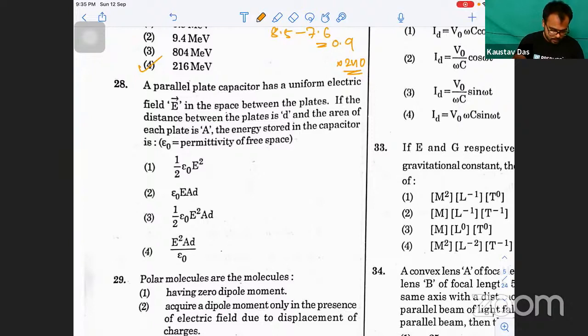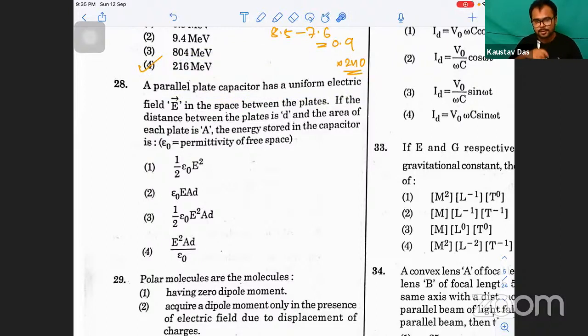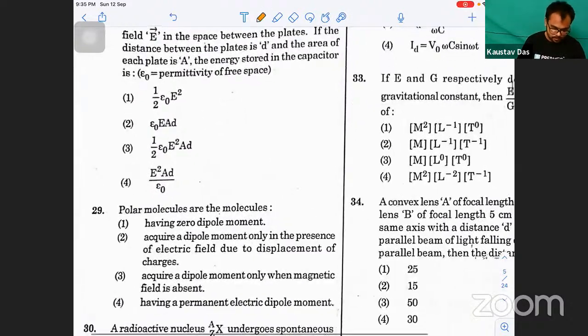Here we have the parallel plate capacitor. I have told you repeatedly in the golden hour class, even in our class, whenever we have discussed the same questions, you have to remember the magnetic energy density and the electrical energy density stored in the capacitor. And the energy density, we know, comes as half epsilon naught E square.